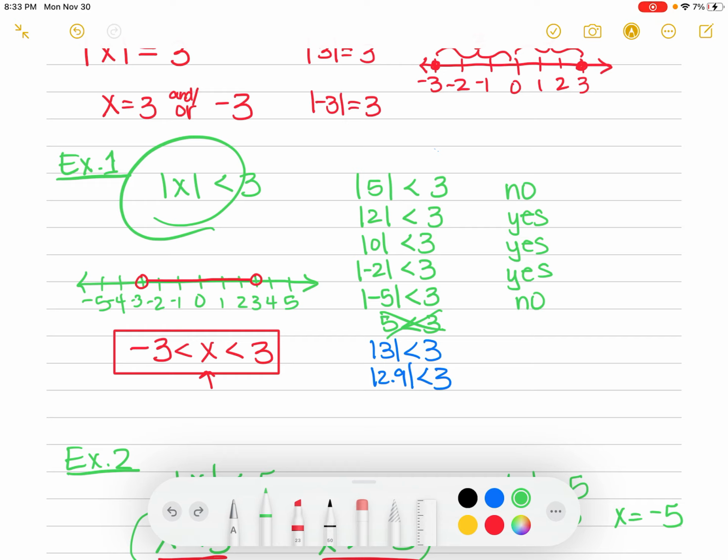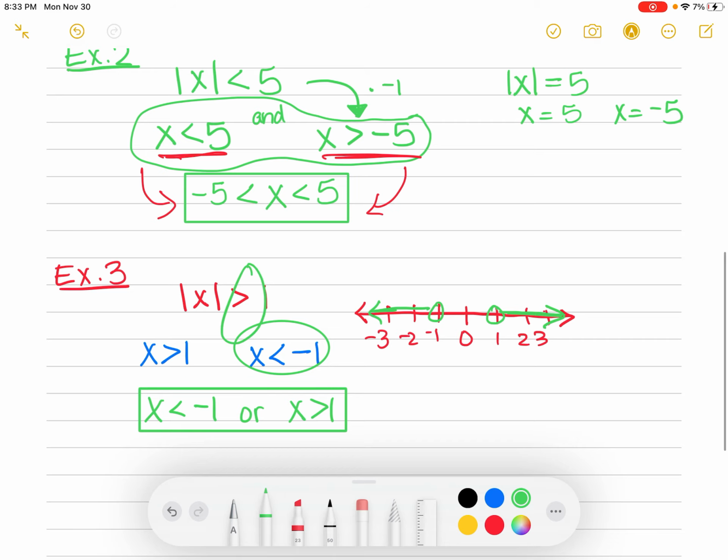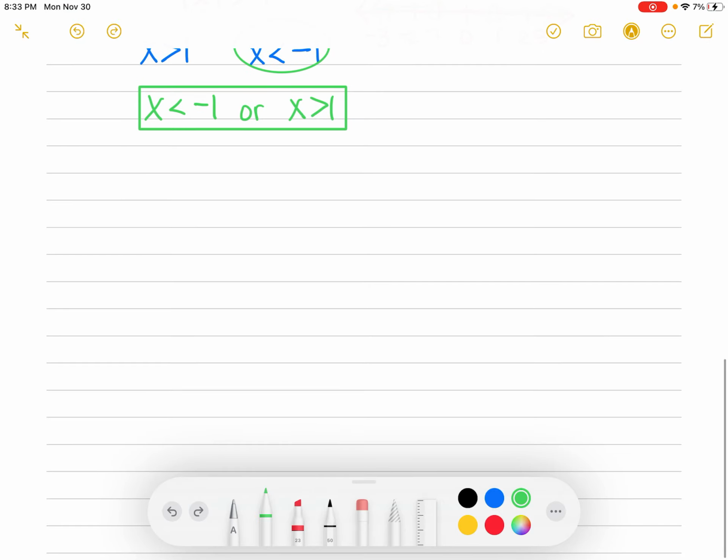Always make sure you have an x on the left, which I think all your problems do today. Then the less than and the greater than are what's going to show you if it's a disjunction or a conjunction. So I'll show you some more examples to hopefully help you see that.